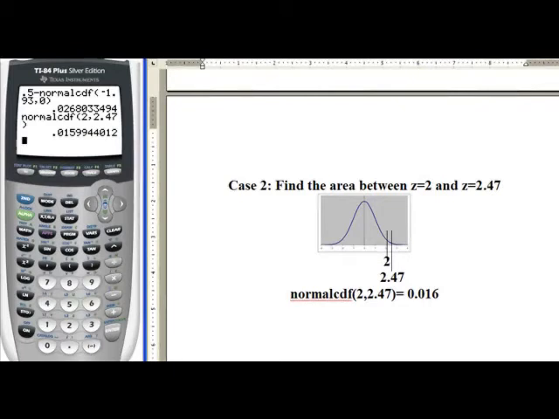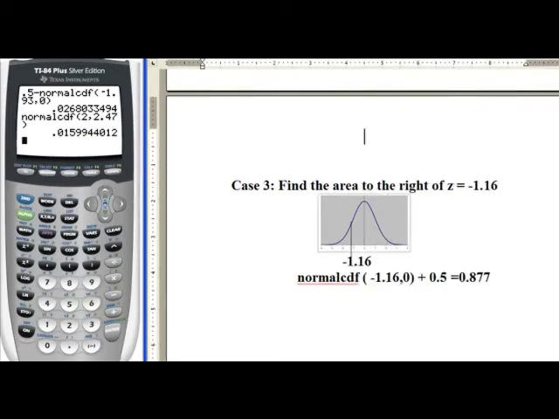The third case is going to be finding the area to the right of the z value. So if a z value of negative 1.16 is given right here, if we are looking for this whole area, what you can do is calculate this area from here to here and add this area to it.